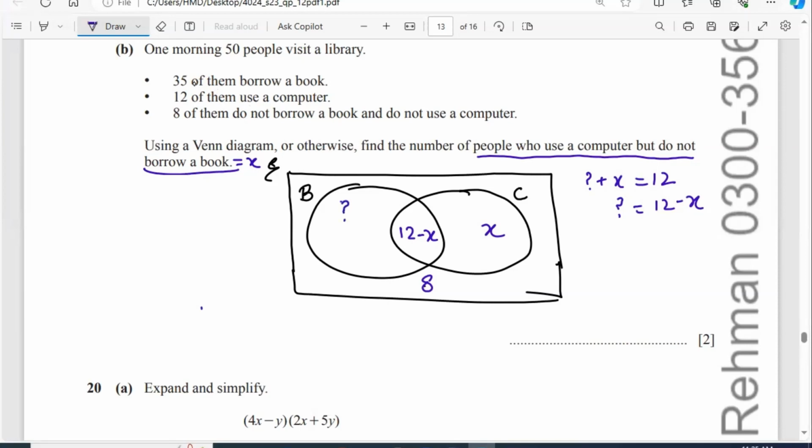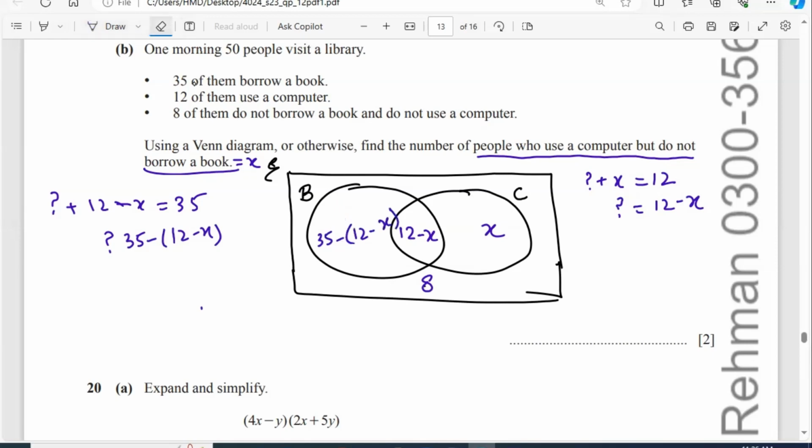So question mark plus 12 minus X equals 35. So we get question mark will be 35 minus 12 minus X. So it is 35 minus 12 minus X.